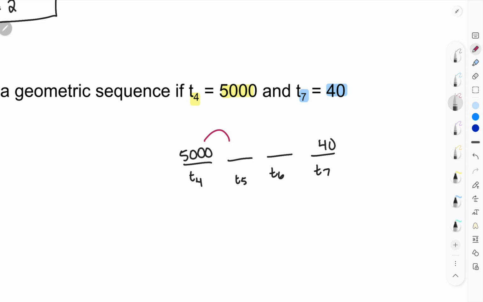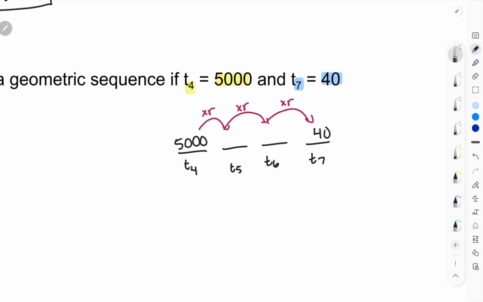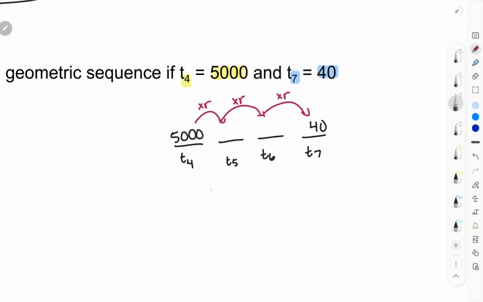I know that to get from T4 to T7, I've had a common ratio of R 3 separate times. So what I know is that if I take that initial value, that 5,000, and I multiply it by R cubed, that gets me to an end result of 40.